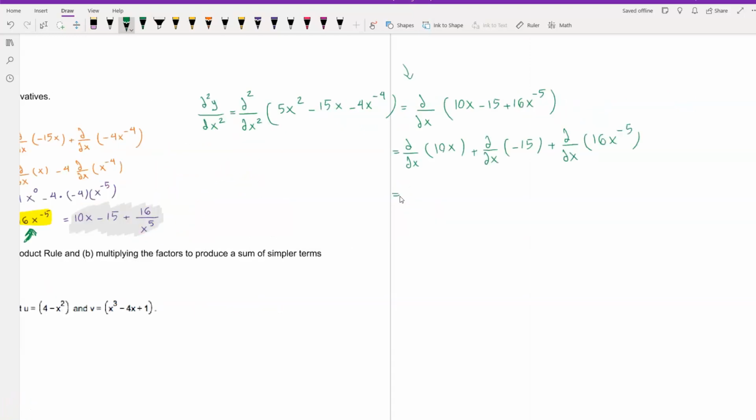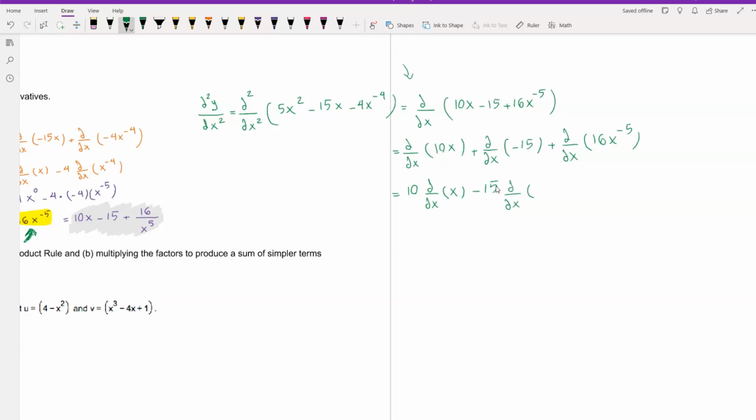So here again, I'm writing all steps. So here we have constant is 10 times derivative of x. Here derivative of constant is equal to 0. But here we can write this way, negative 15.